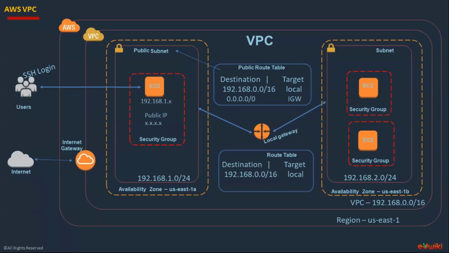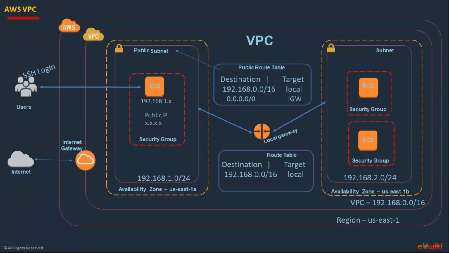Just to repeat, I'm expecting my server to have outbound internet connectivity to download the packages required, but my server should not have any inbound internet connectivity. That means the user should not be able to log into my server, but the server can connect to the internet. That is what I'm trying to look at here, right?